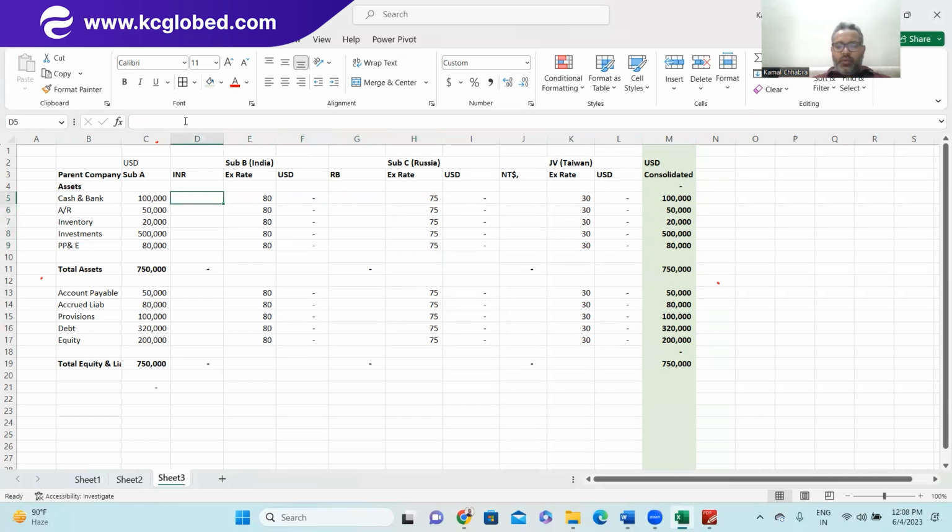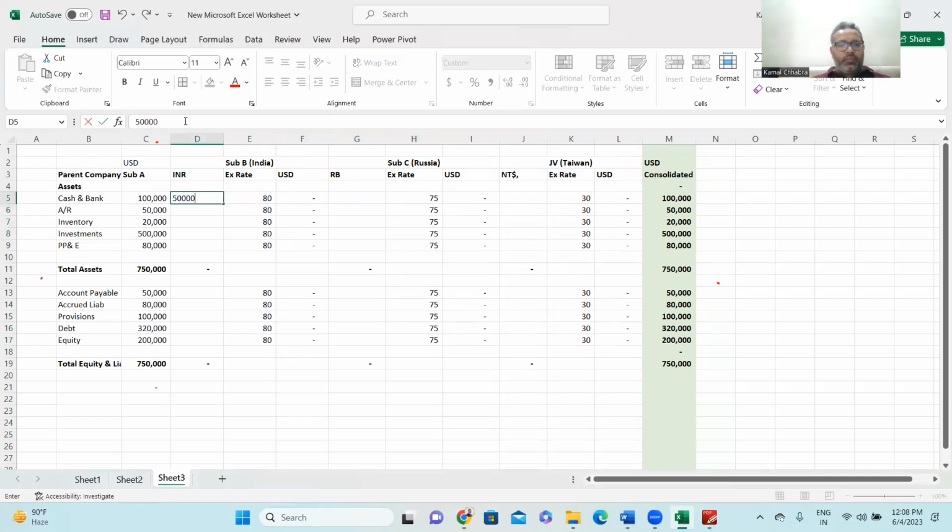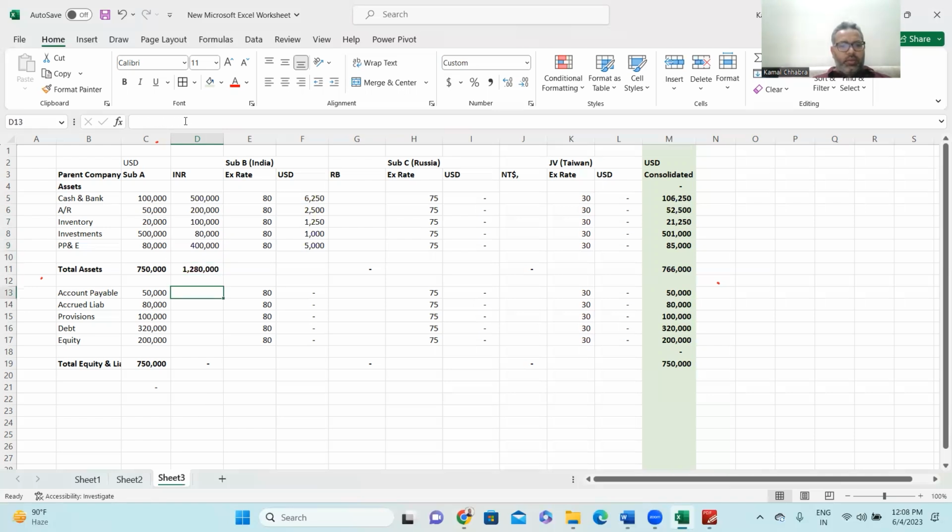Now let's assume you have 5 lakh, 2 lakh, 1 lakh, 80,000, and let's assume you have 4 lakh. So this is 12 lakh.